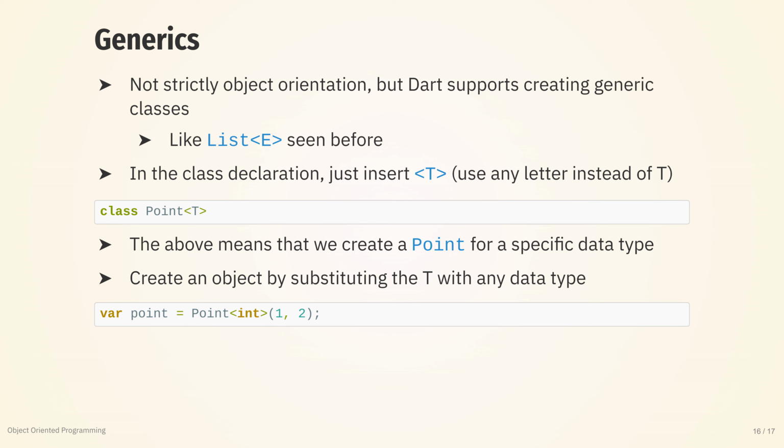And there are a lot of examples of this in Dart, for example, the List. But we'll see that a number of widgets are also using this kind of structure. So you need to know about it. In this course, you won't need to create your own generic classes, but as I said, it's good to know about it.